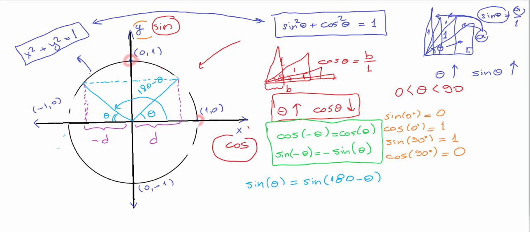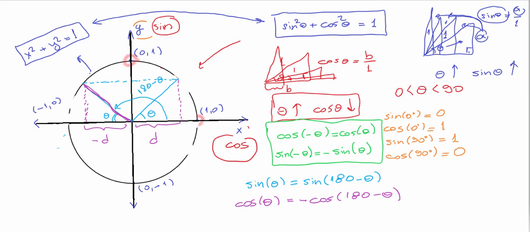So from here I can have the conclusion that cosine theta is equal to minus cosine 180 minus theta, because this angle is 180 minus theta, and that's what I'm trying to figure out.